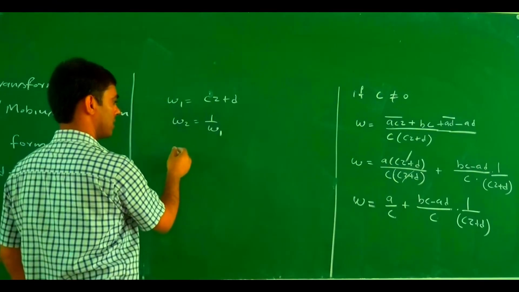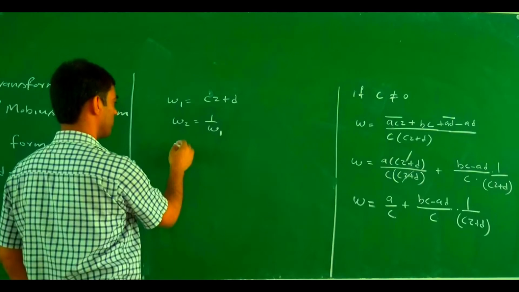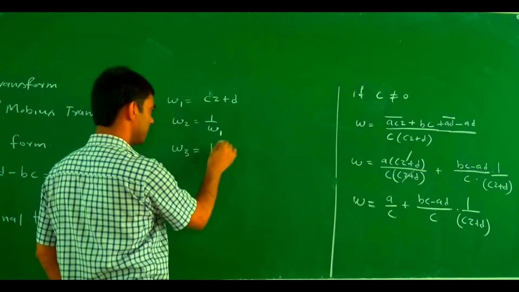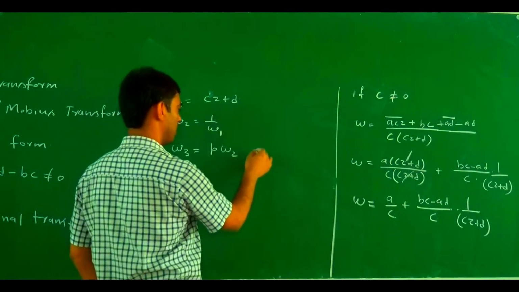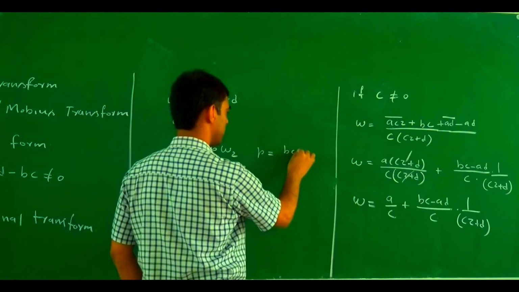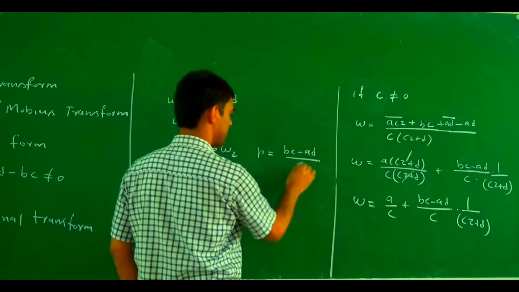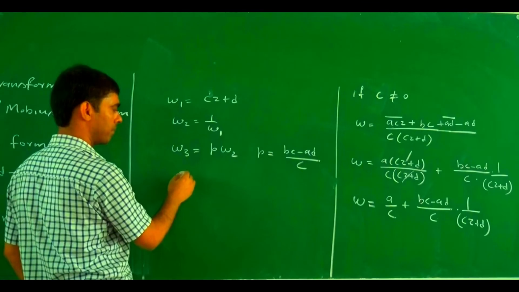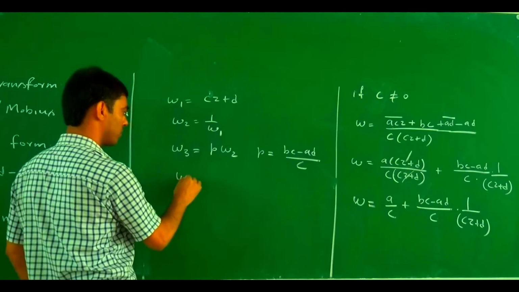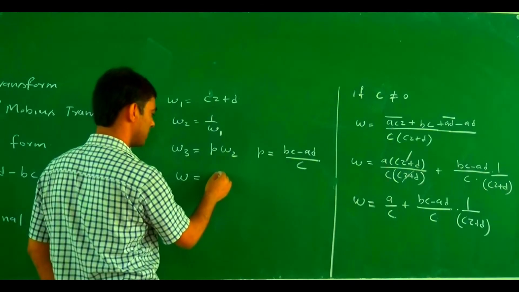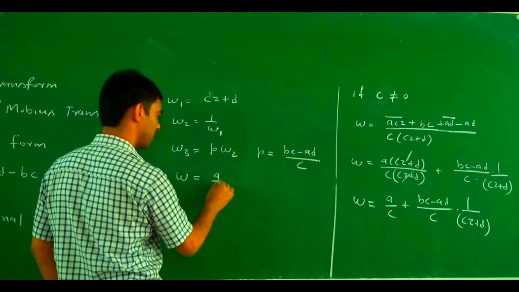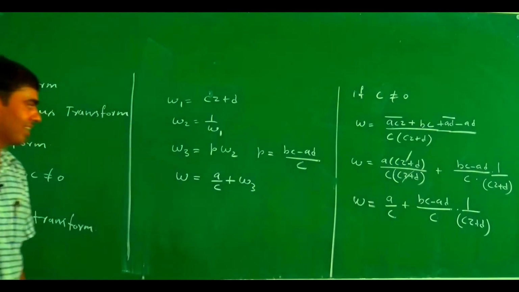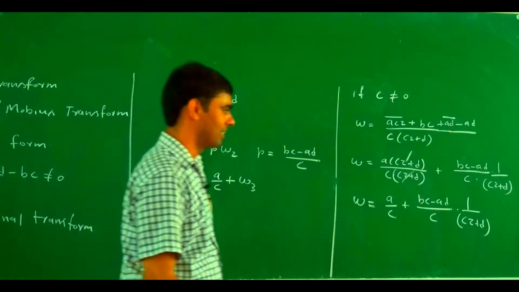And suppose W3 equals P into W2, where P equals BC minus AD divided by C. And W4, W equals A by C plus W3.